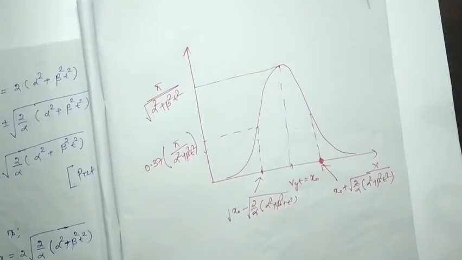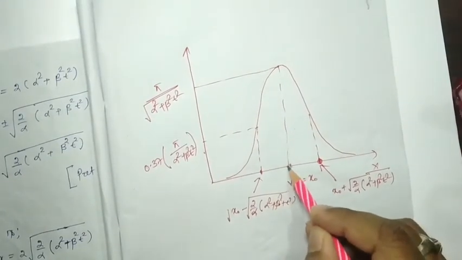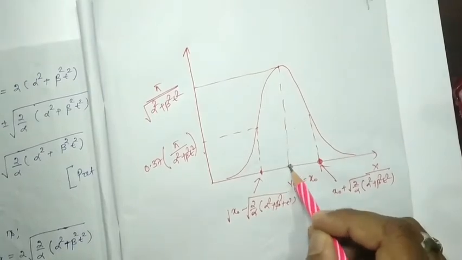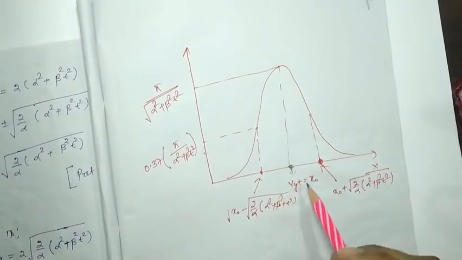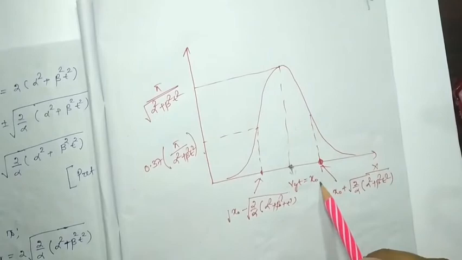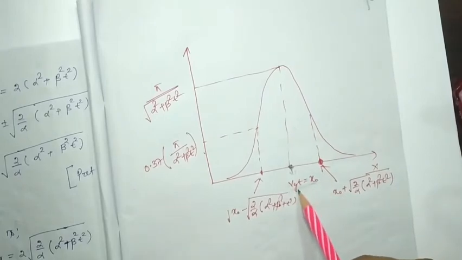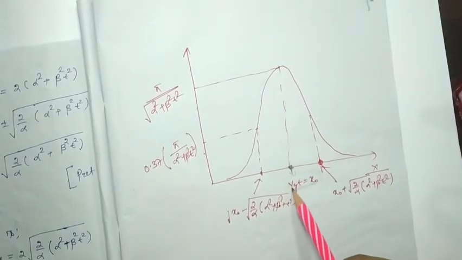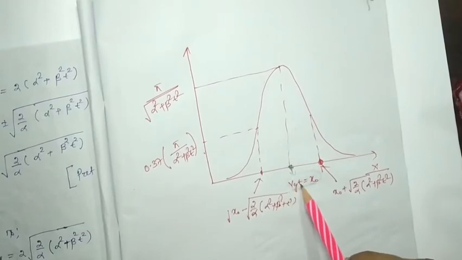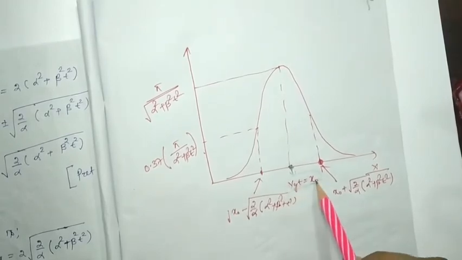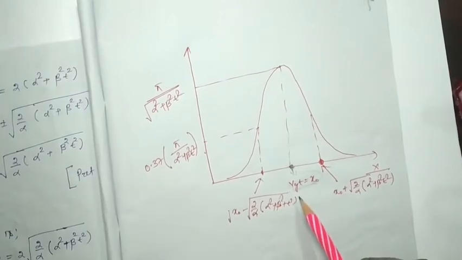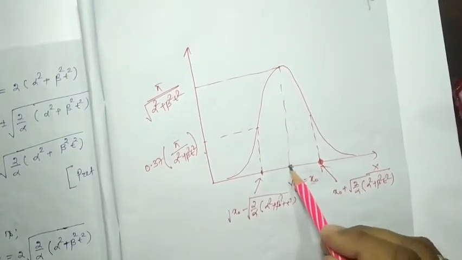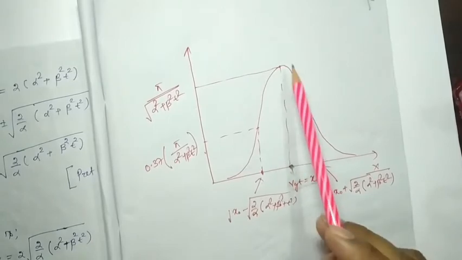Okay. So here you can see that this is your origin point, where we consider x0, or this is represented by vg t, velocity into time at a particular time. At that particular instant, it will be considered as the so-called origin where the probability density is maximum.